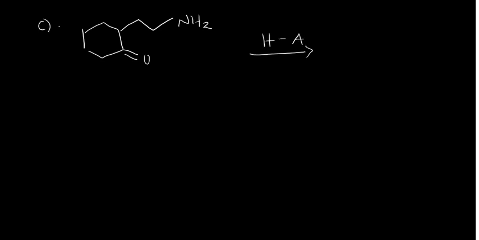Then the nitrogen, we'll draw it like this, with 2 hydrogens there and the lone pairs, then the double bond there with a hydrogen. This one becomes positively charged with one lone pair of electrons.